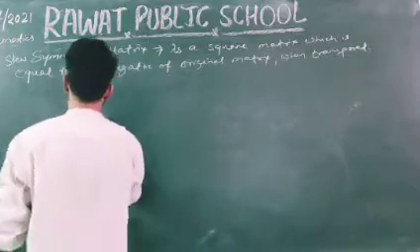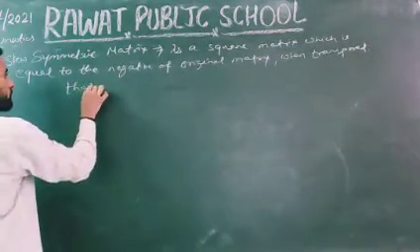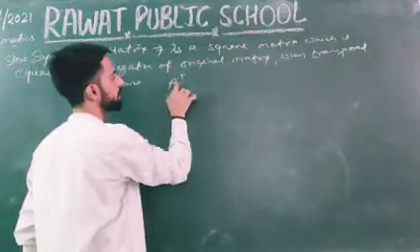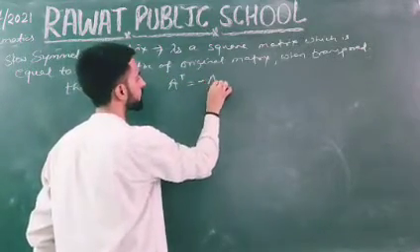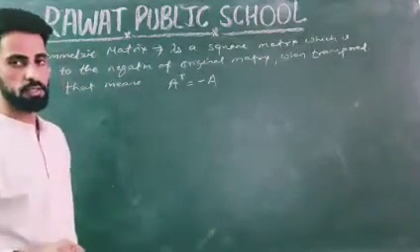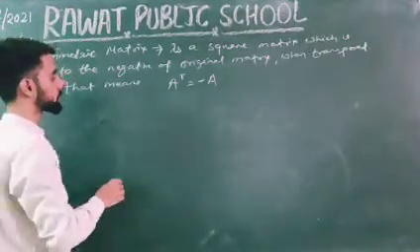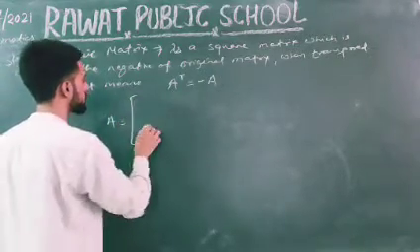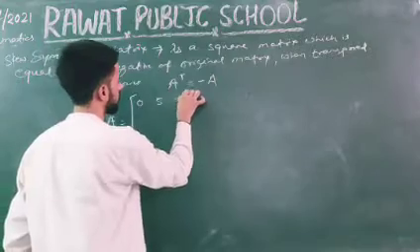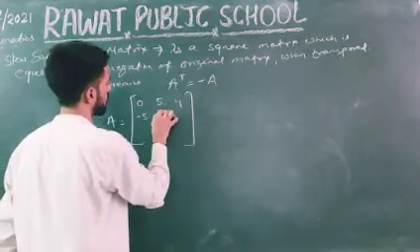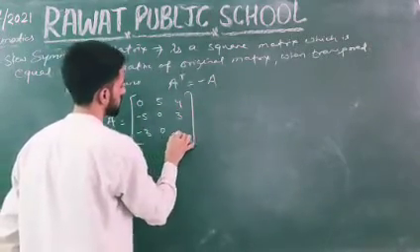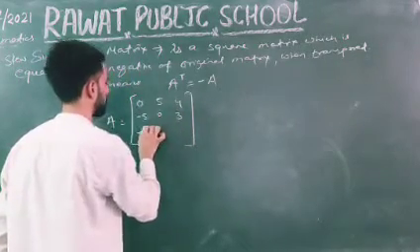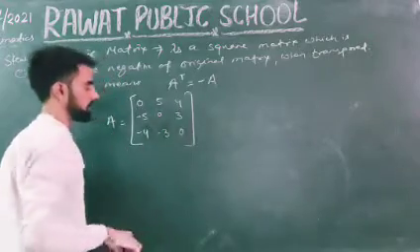That means the matrix AT will be equal to minus of A, like this. Let's take an example of a skew symmetric matrix. If I say the matrix A is this.